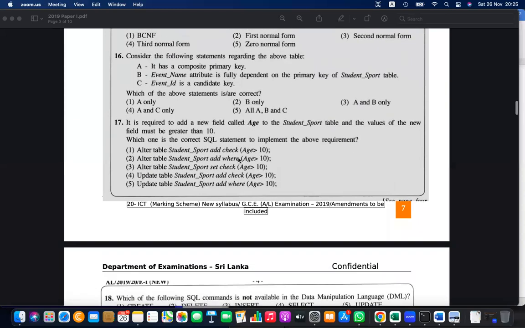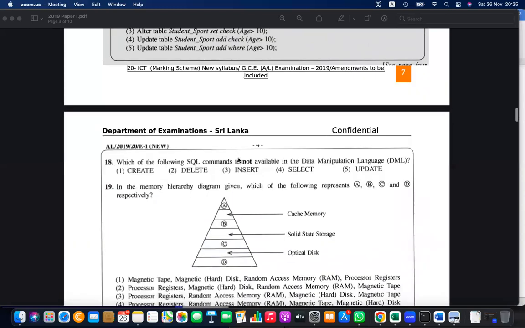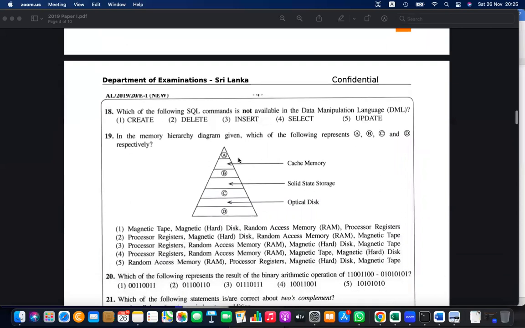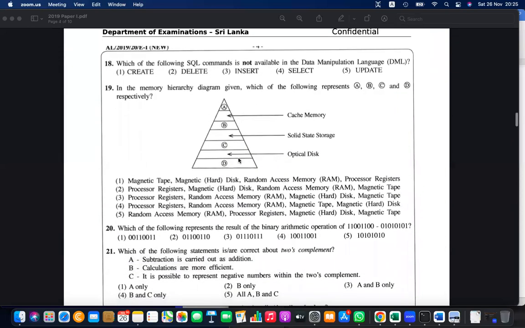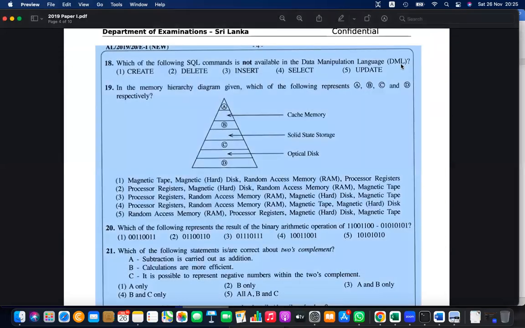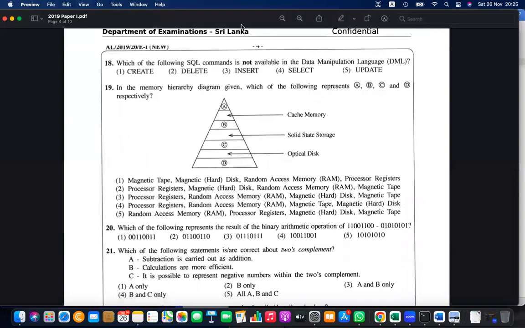Right? So checks can be added. Then, which of the following SQL commands is not available in DML? They're asking, right? Which of the following is not available in DML? I said the answer already. What is the answer? Create. Yes, sorry, create.